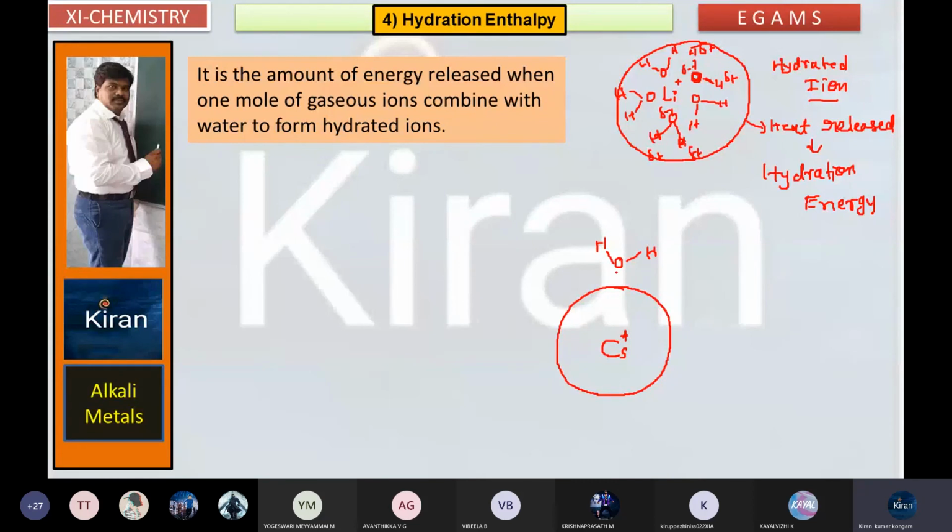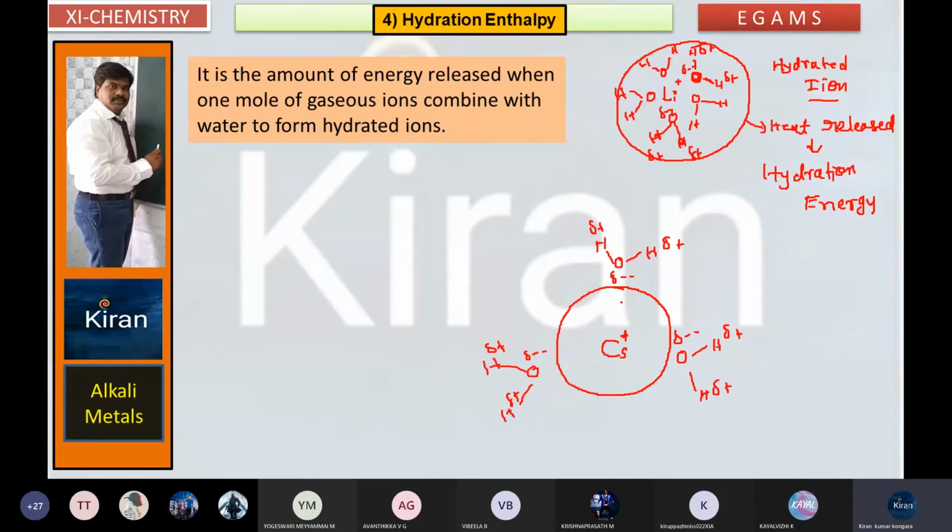Here oxygen, one more water molecule, hydrogen gets delta plus, this hydrogen gets delta plus, and this is delta minus. You can take one more water molecule, H2O, delta plus, delta minus.